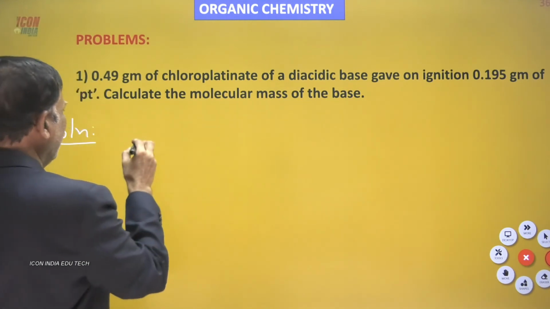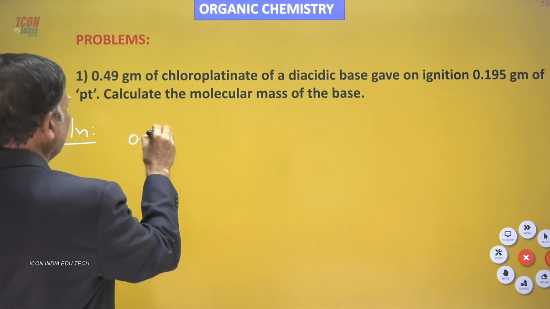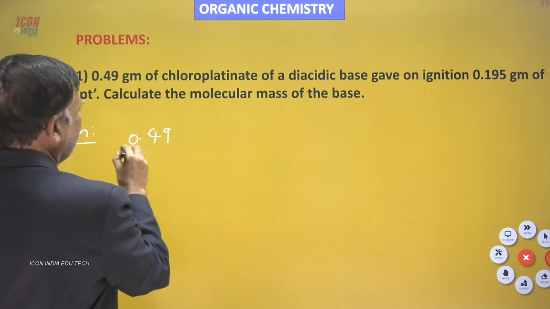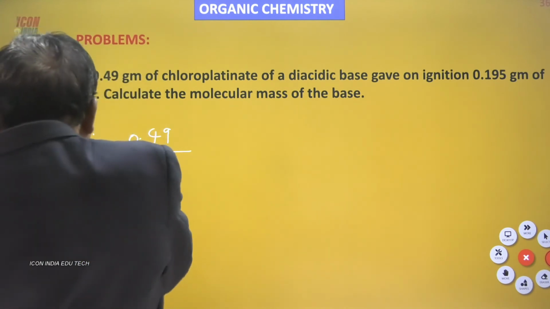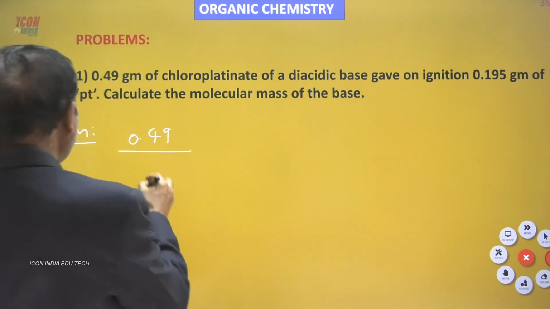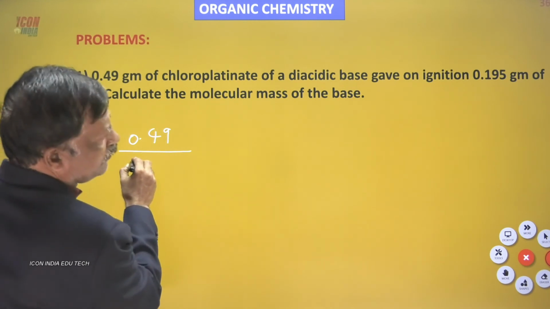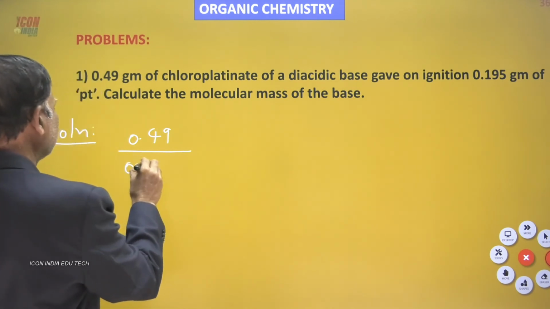Mass of chloroplatinate, 0.49 grams, divided by mass of platinum, 0.195.